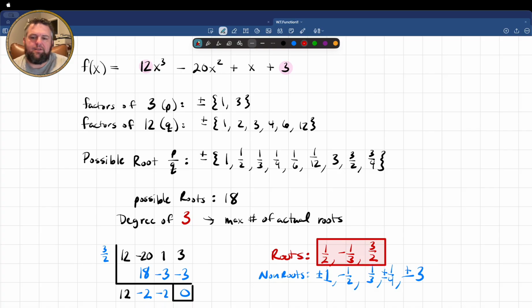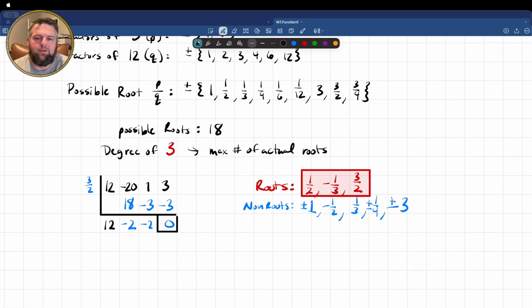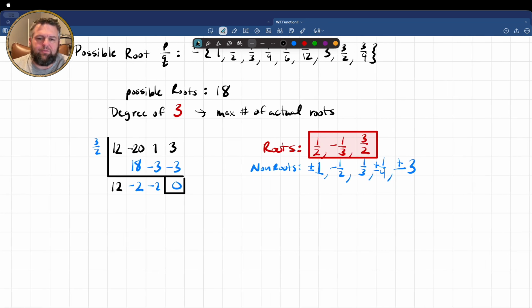Okay. We could then take these roots and write our factors from them. If we were to write the factors, we would initially start off as x minus 1/2. Remember, do the opposite. The other one would be x plus 1/3. And then x minus 3 halves.